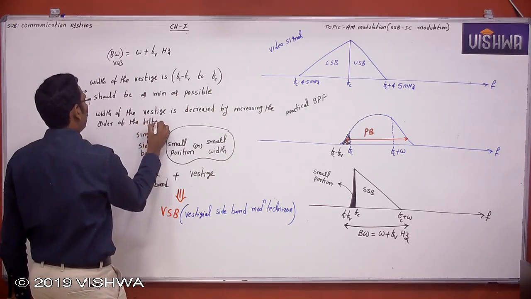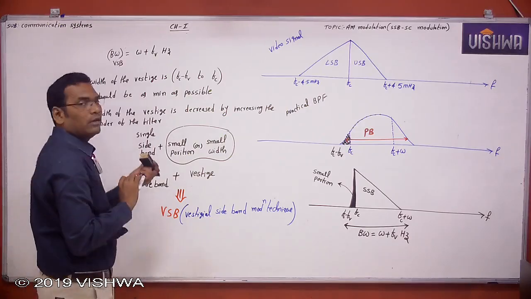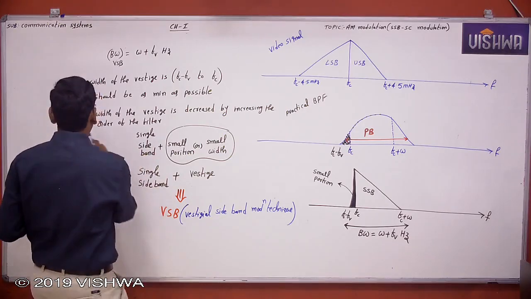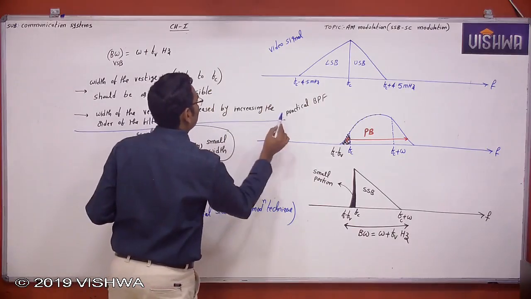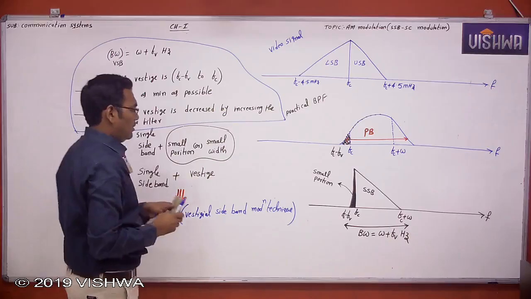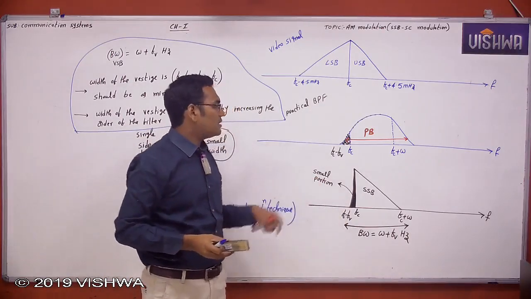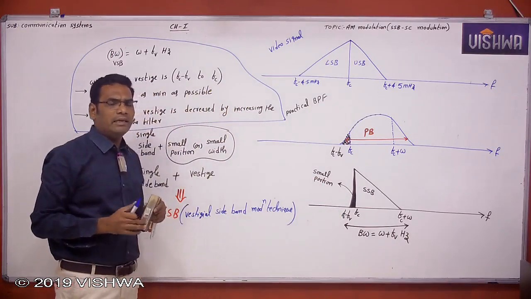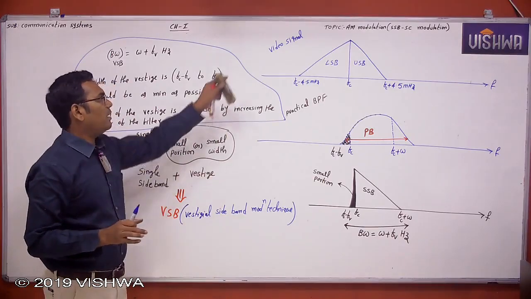If you go for higher orders, then the width of the vestige will be as minimum as possible, such that you can get the minimum bandwidth. Okay. Now this vestigial sideband modulation technique is the best one to transmit a video signal.